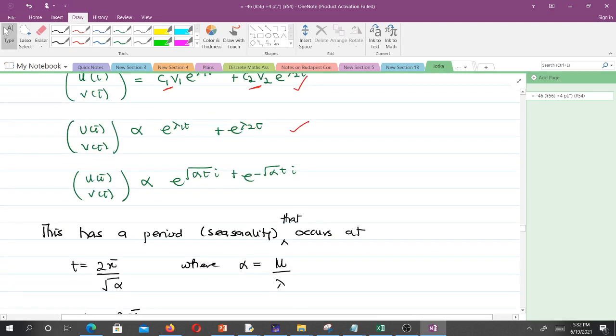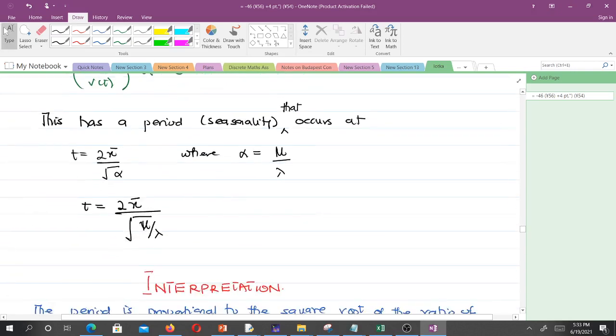So this system has a period or seasonality that occurs at T equals 2 pi over root of alpha, but alpha is given by mu over lambda. So that means it has a period T equals 2 pi over root of mu over lambda.